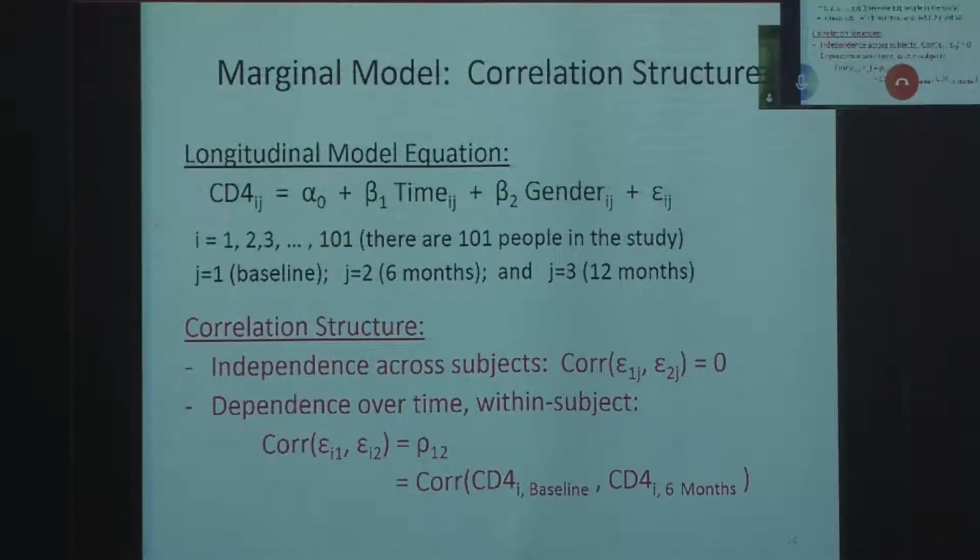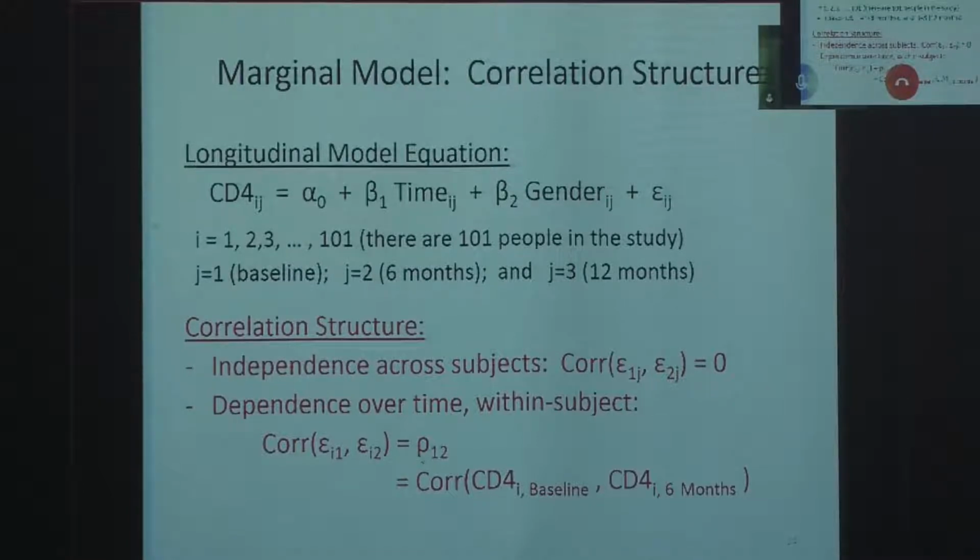That's equal to, this is pronounced rho, 1, 2, because it's between the first time point and the second time point. So j being 1 and 2, we're assuming for a given person, there is correlation over time between baseline and 6 months. So between people, no correlation, but within a person over time, there is correlation.